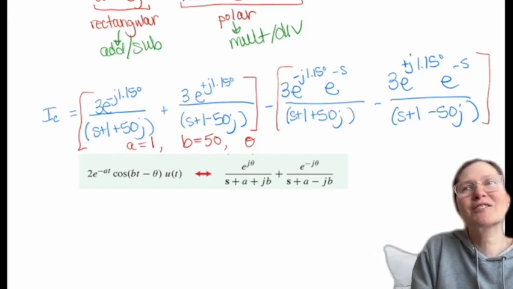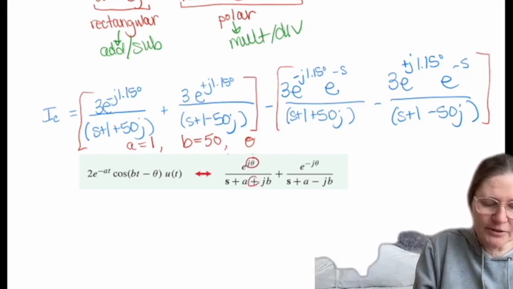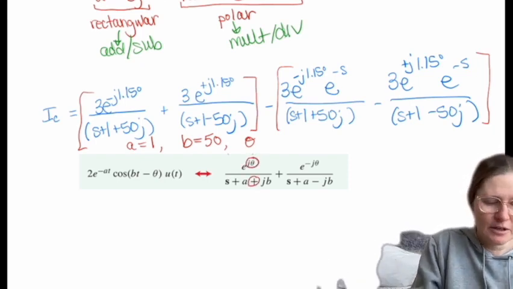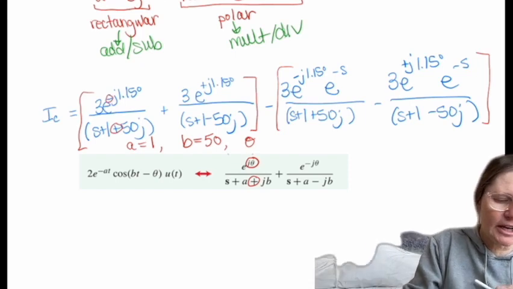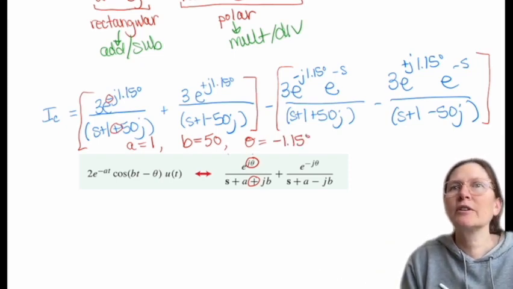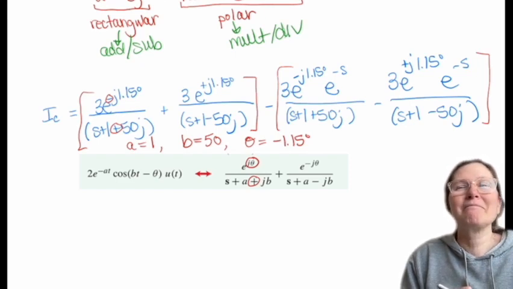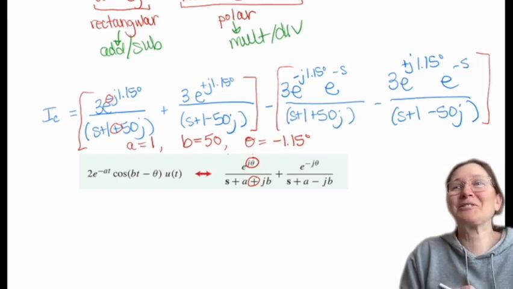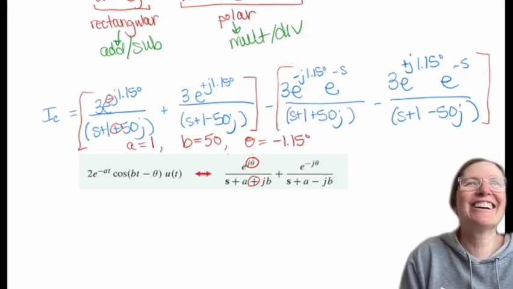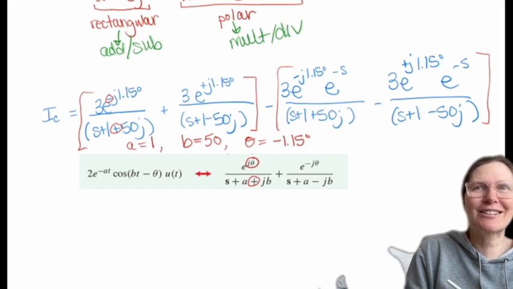Thanks, Carly. Positive or negative? So you look on here, this has a positive with a positive. This one has a positive but a negative. So we're going to have to take a negative 1.15 degrees. Do you guys see that? Hopefully you see that. Nobody's commenting. Okay, thank you, Quinn. Okay, so we're going to change this over.